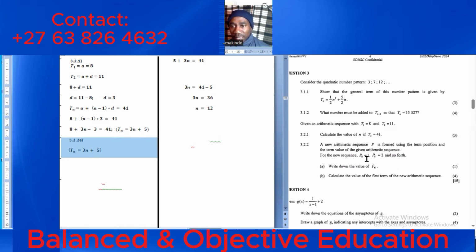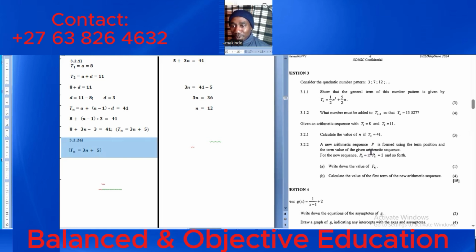So for sequence P, if you compare sequence P with this original sequence, you would see that the value in sequence P corresponds to the position in the original sequence T. If you look at this P8, it means that the value of the 8th term in this new sequence P is 1.